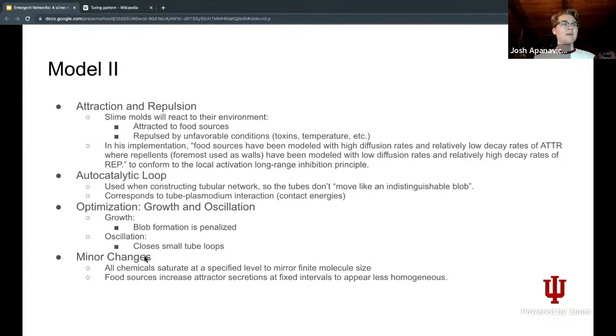And then there are some minor changes just due to the fact that it's not a real biological system. So for example, all chemicals saturate at a specified level. This is in order to mirror the finite molecular size. And food sources increase attractor secretion at fixed intervals, so they appear less homogeneous.